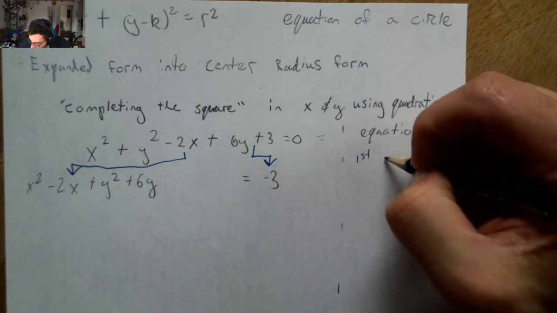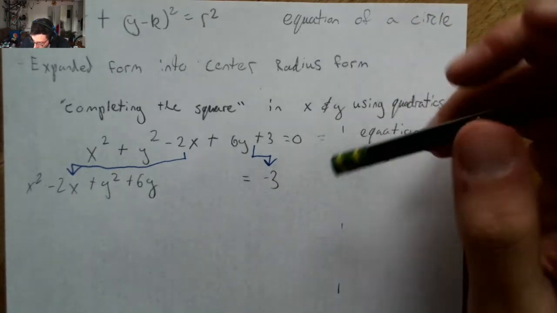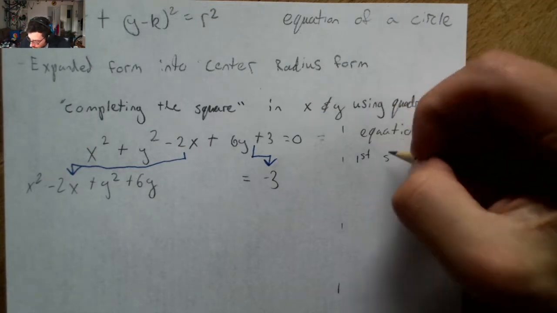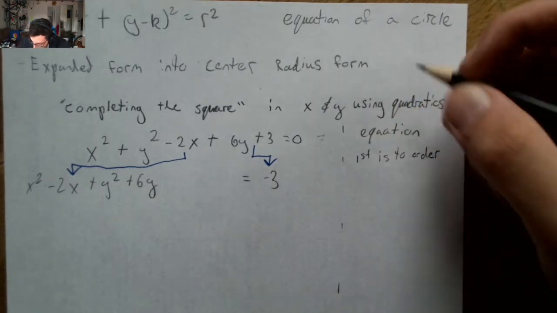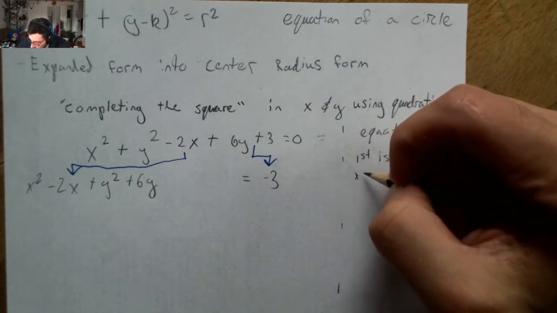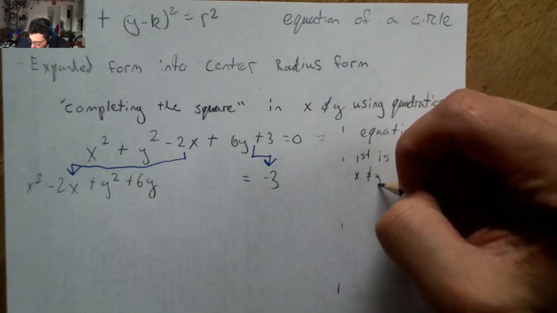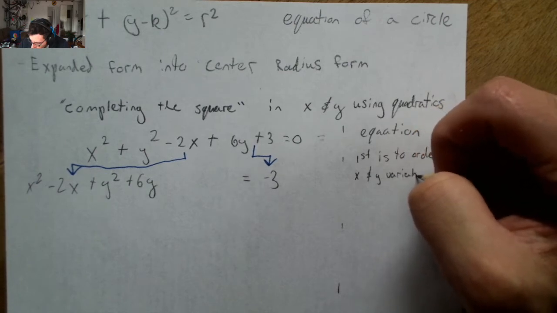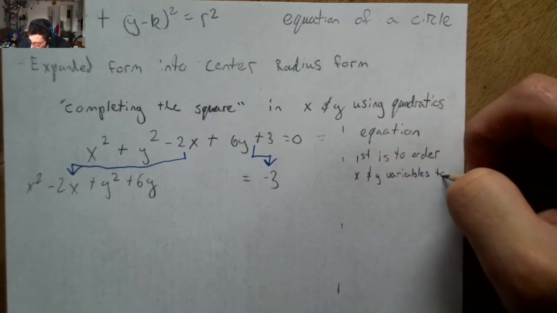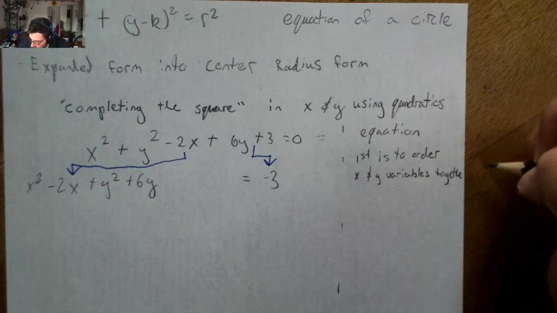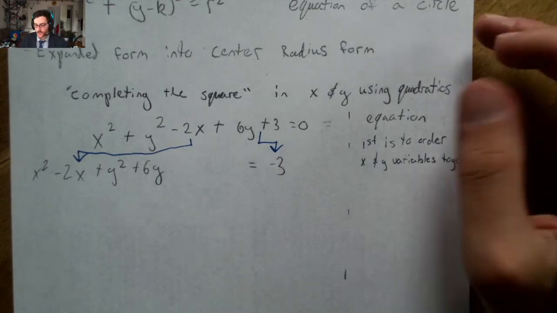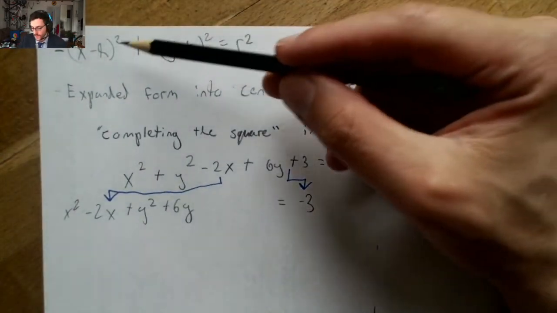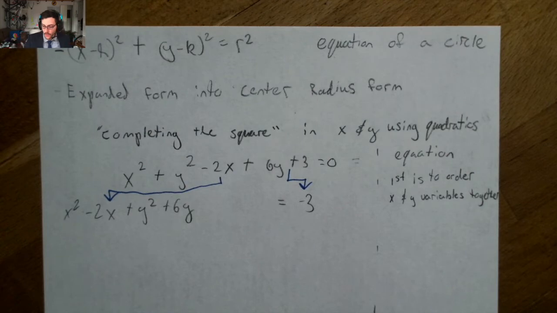First step we can notate as: order x and y variables together. This is going to allow us to complete our next steps in a little bit easier fashion. It also makes it a little bit more reminiscent of up top here, or our previous expanded form examples.